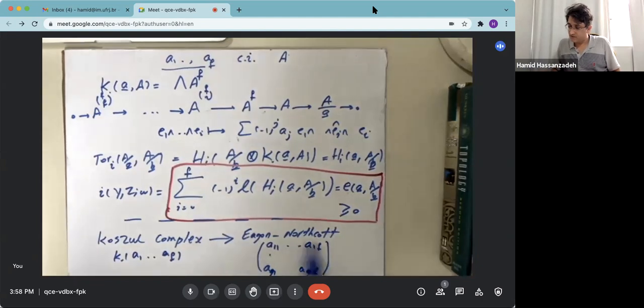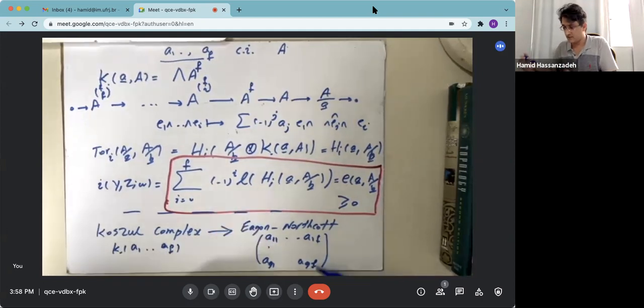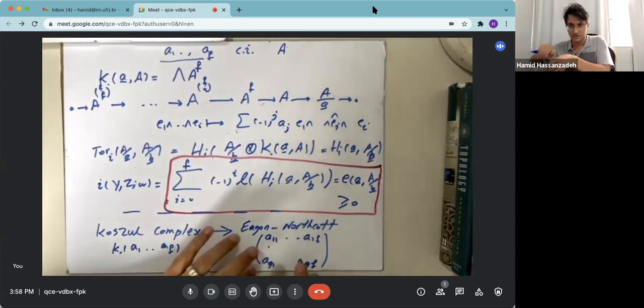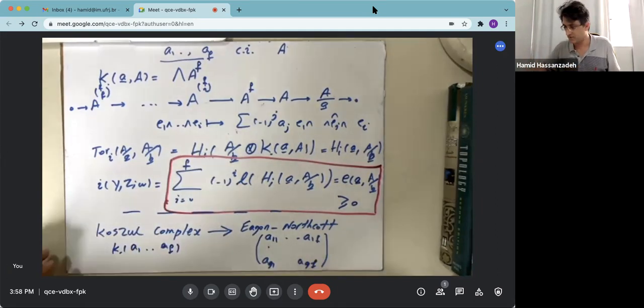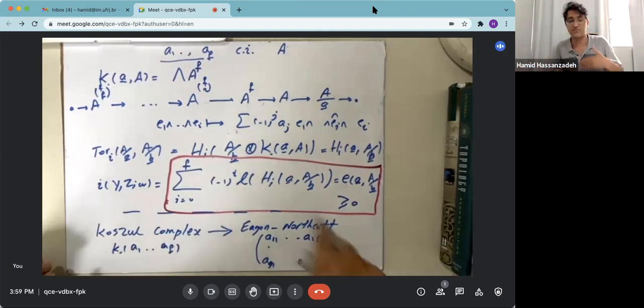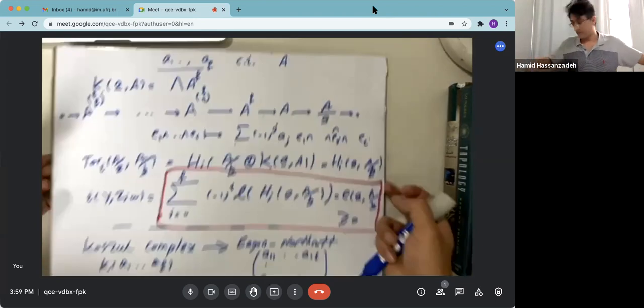So Eagon and Northcott asked: the Koszul complex is a complex created for a matrix with one line, and we want to construct a Koszul complex for a matrix of g lines. So how did they do it? They constructed a Koszul complex for each line, and in a clever way they glued all of these Koszul complexes and created a bigger complex. The benefit of this Eagon-Northcott complex is that it provides a solution for the determinantal ideals, right?